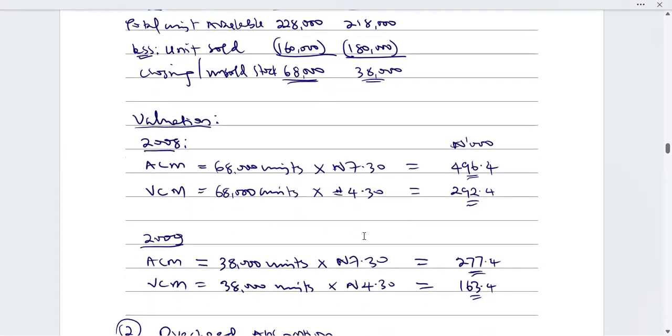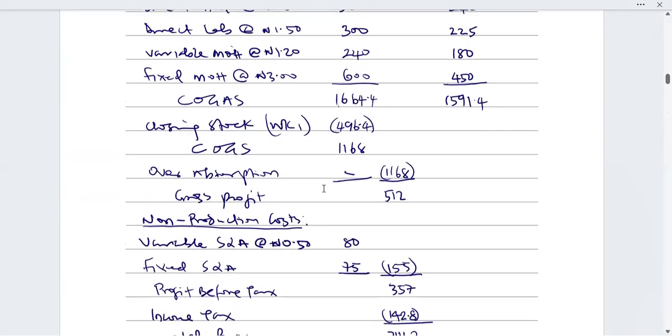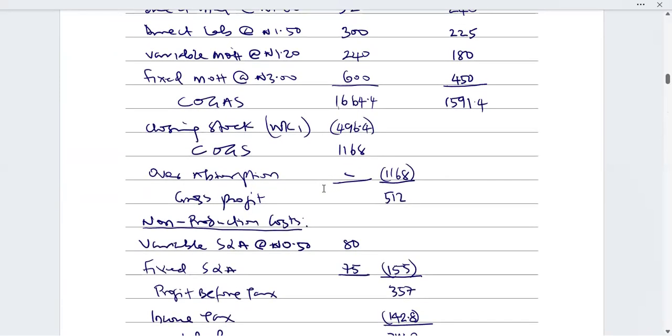Where did I get 4.3? It is in the question. The total cost per unit is 7 naira 30 kobo, so when you less the fixed manufacturing overhead, all you are going to have left is total variable cost per unit. So closing stock is 277.4.